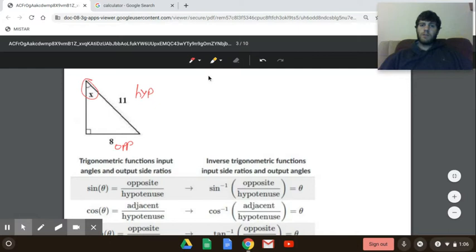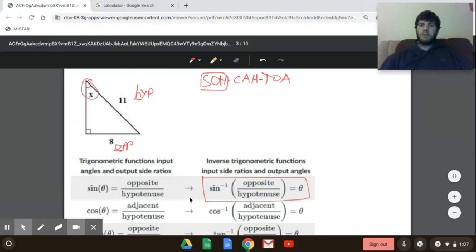Okay, and we're still using our mnemonic, SOHCAHTOA. Okay, we have the hypotenuse and the opposite. So we have the H and the O. That's going to give us sine. Okay, but because we're solving for an angle measure rather than the side, we are going to use the inverse sine function.